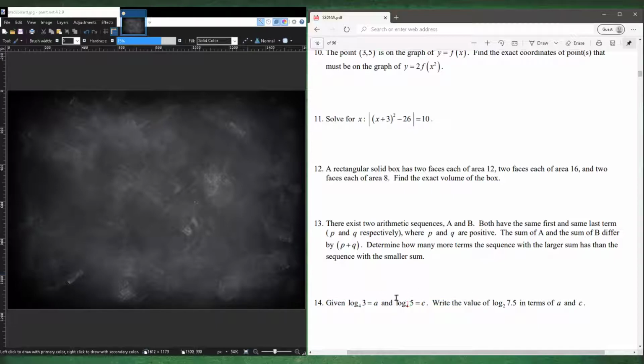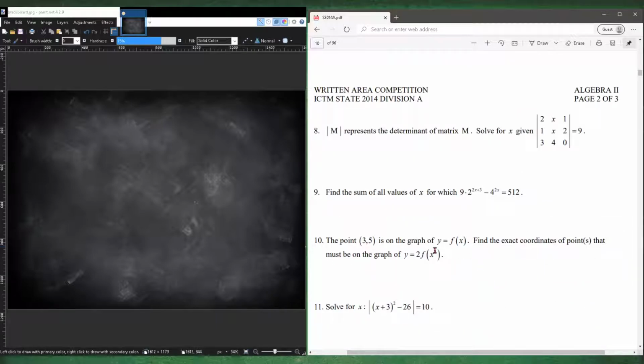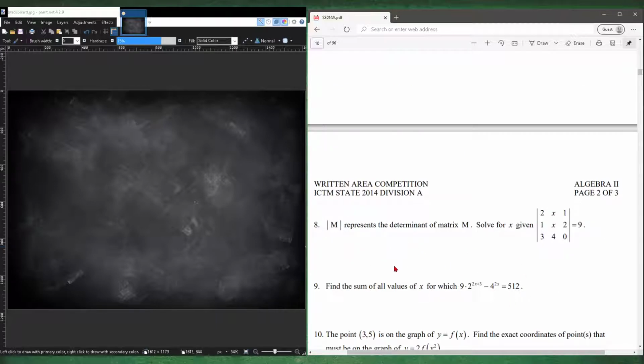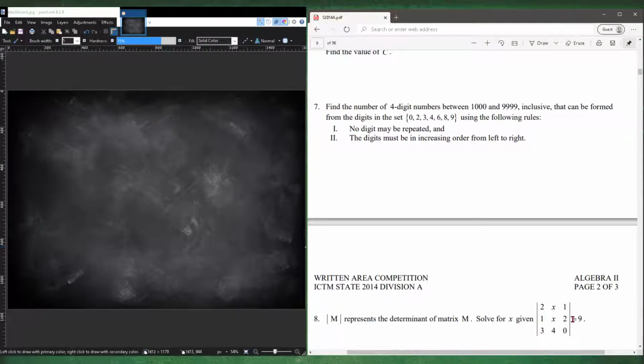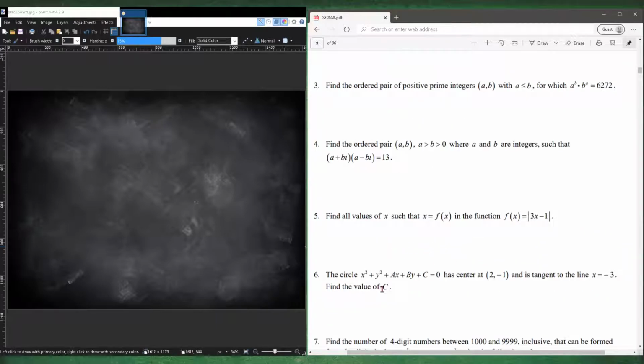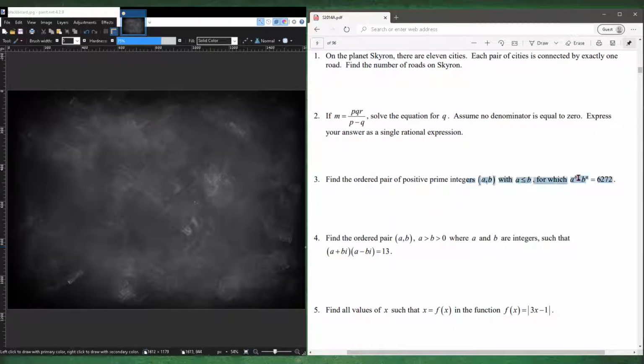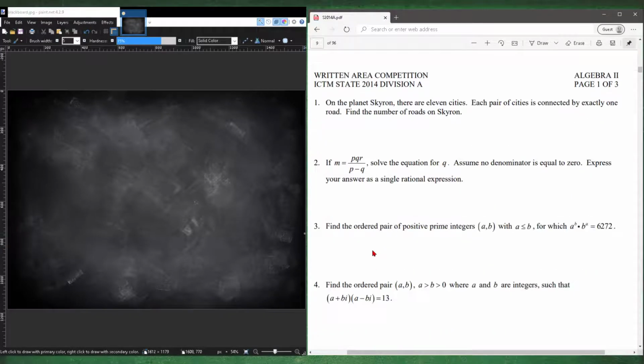Know your basic mathematics, like logs, absolute values, volume. Understanding transformations, more functions, determinants. They occur sometimes, but not all the time. And other things that are really simple, like circles, exponents, and variables. And that covers everything for the 2014 Division A Algebra 2.